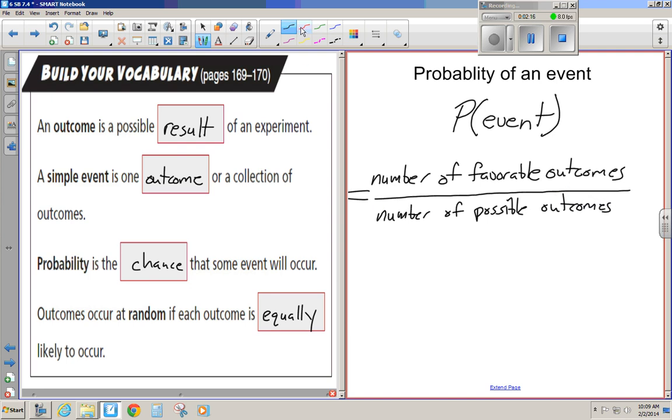And another word for favorable could be desired. It's what you want to happen.